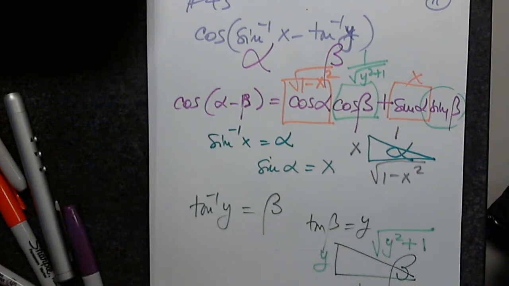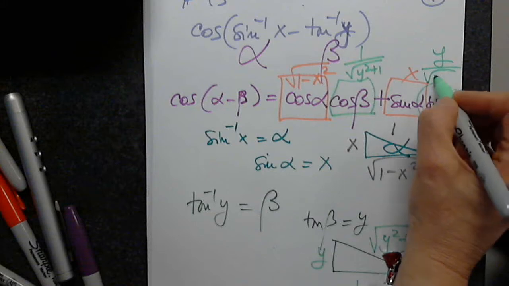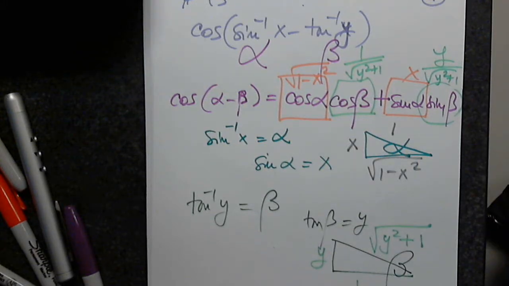What does sine beta equal to? That's it. All I have to do is put everything together, and it's done. So that's why we studied this in the previous chapter, for chapter 7. But we couldn't do this in chapter 6 because we didn't know the formula for the sum and difference of angles.